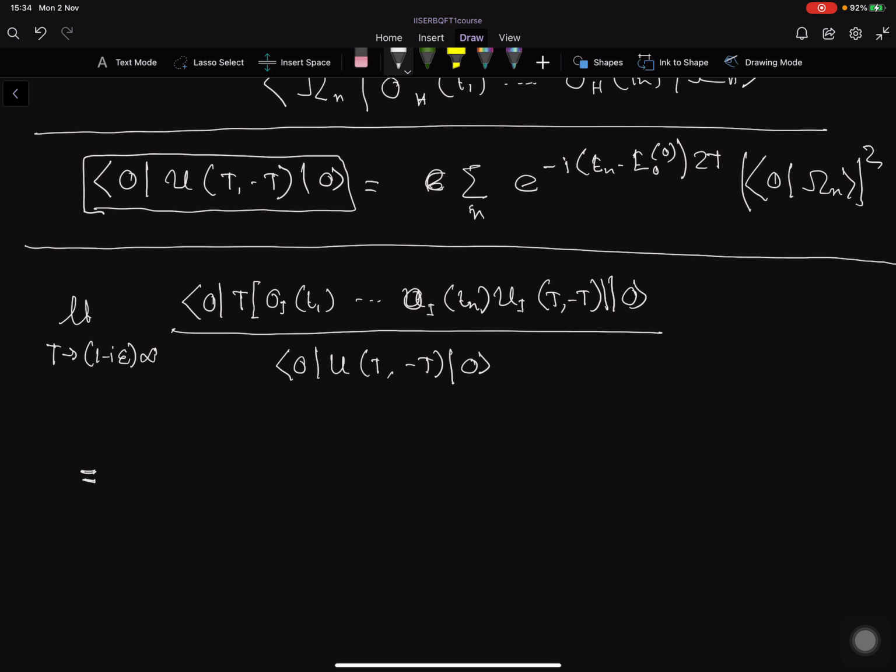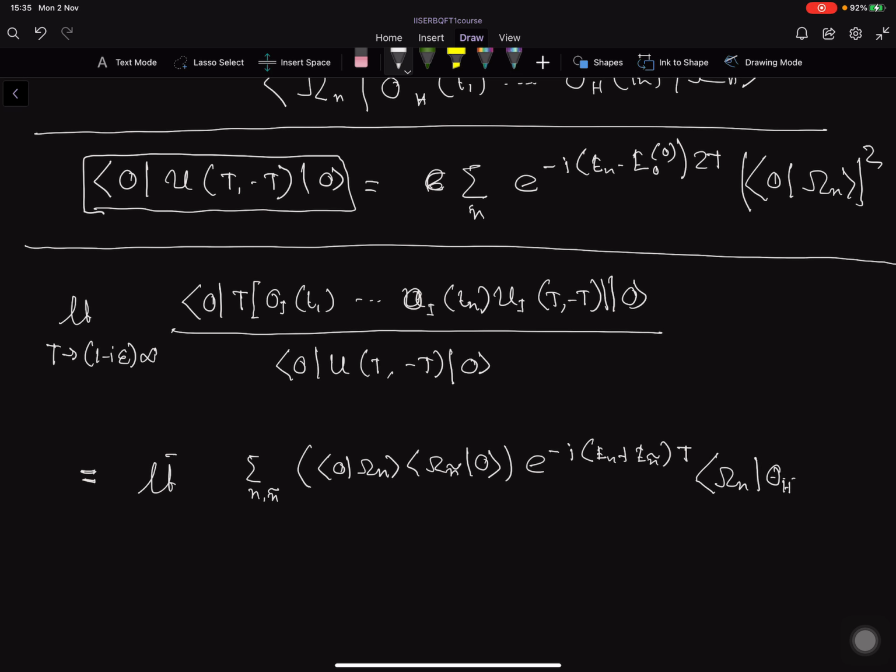This is the same as, of course there is a limit, the sum over n and n tilde of <0|omega_n> <omega_n tilde|0> exponential of i (E_n plus E_n tilde) times t, then <omega_n| product of operators |omega_n tilde>.